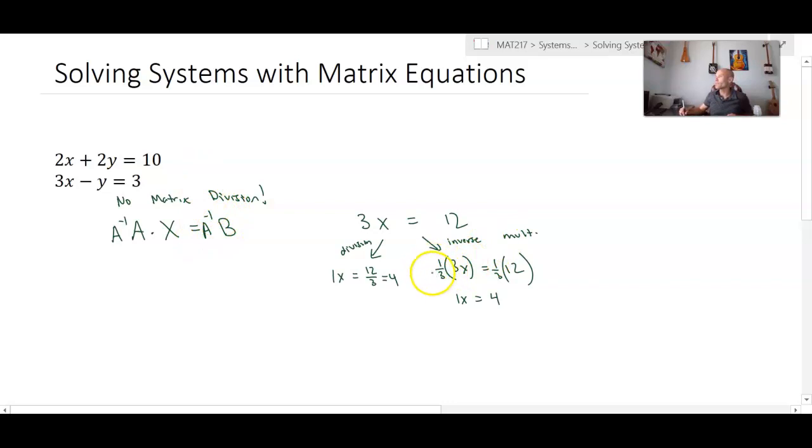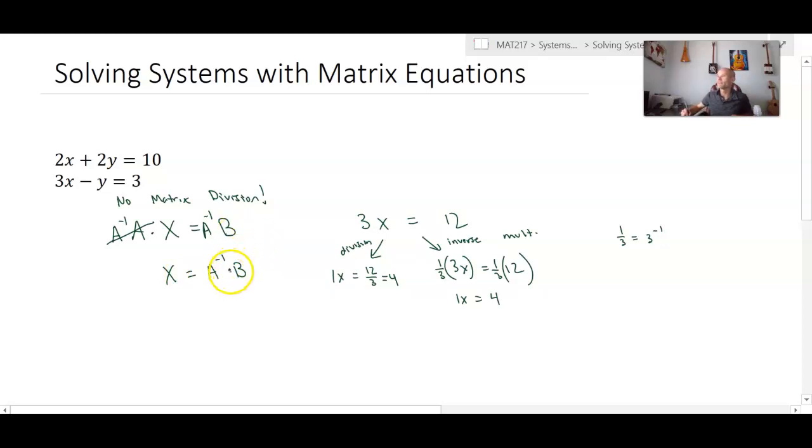Recall that 1/3 is actually 3 inverse, it's 3 to the -1. But when we're dealing with matrices, it isn't quite as simple to find the inverse matrix. So these cancel out, and you're left with X is equal to A inverse times B.